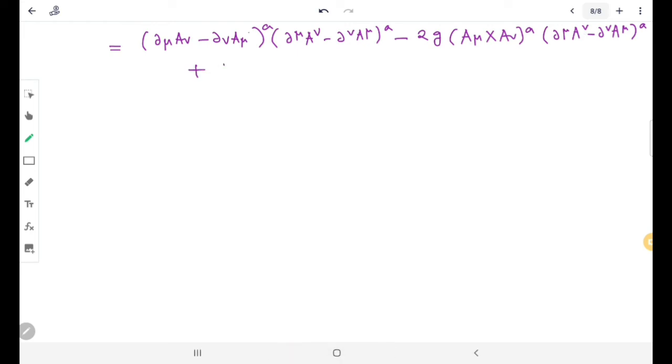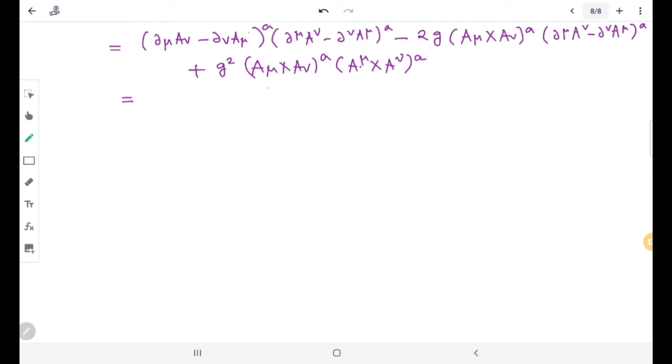And the last term is g square, and we have a mu cross a nu, and then dot a mu cross a nu. Or if you don't like the dot, then you can write here a and a. Now this is completely summed over for a indices and mu indices both.